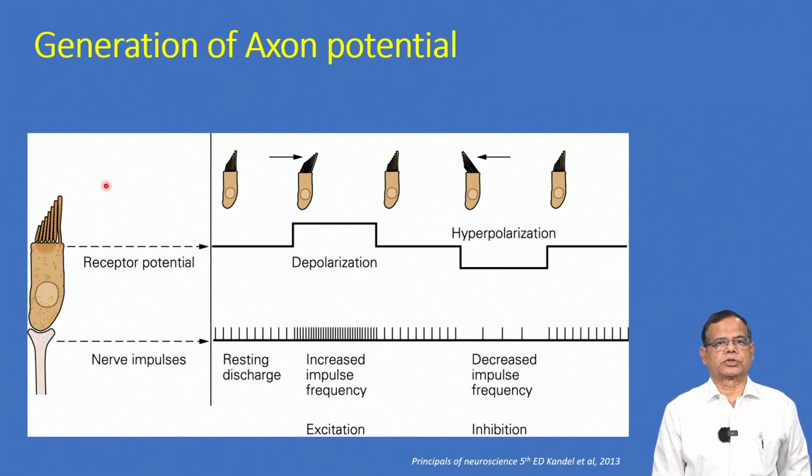Those tip links open and there is entry of potassium ion and calcium ion, which produces depolarization or excitation, and when cilia move away from the kinocilium, it produces hyperpolarization and inhibition.